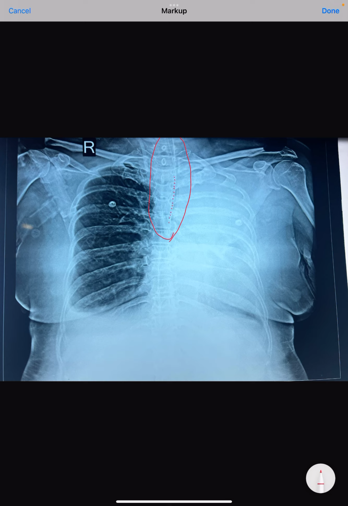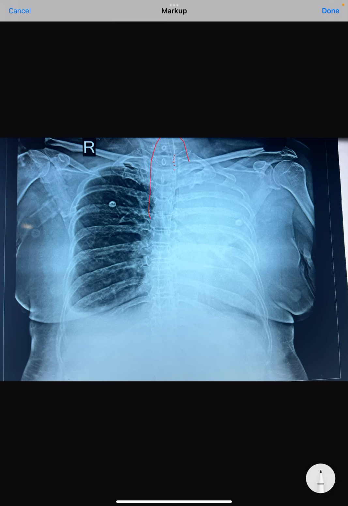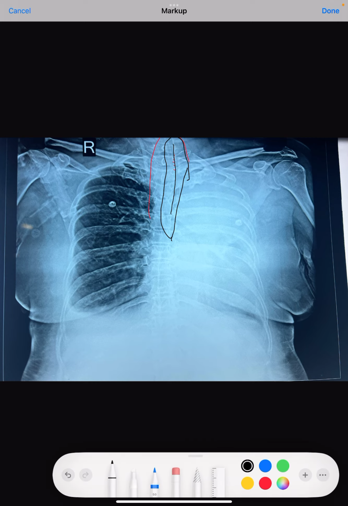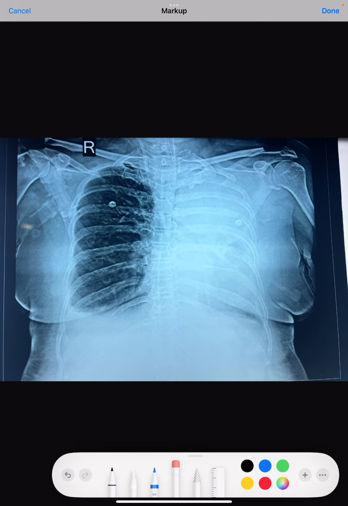You can see the margin of this. I'll clear this so that you can see again. It is very thin, you just trace this. This is the endotracheal tube, which has to be above the level of T4.